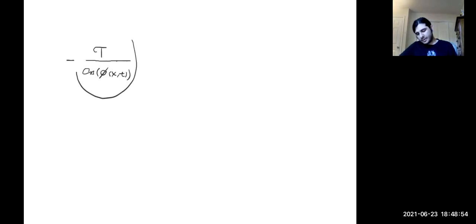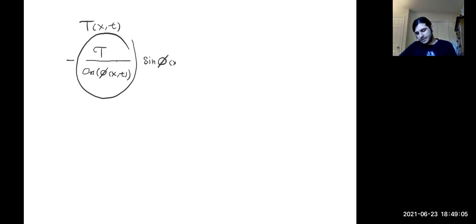So if we replace T by that, we had minus T(x,t). We are replacing that by the constant T over cosine of phi at (x,t). This is what we had before, and we were denoting it by T(x,t). We replaced it by this new thing, times, well, what was the rest of the equation?